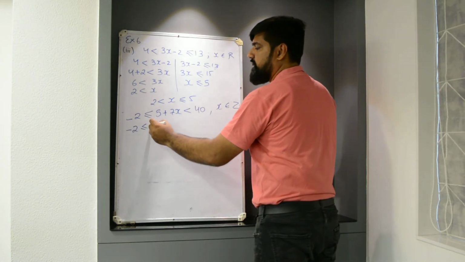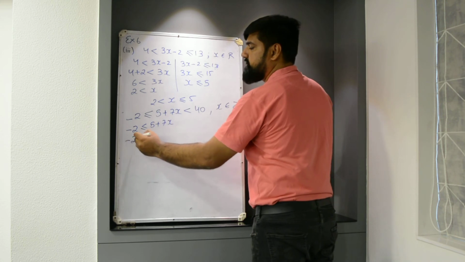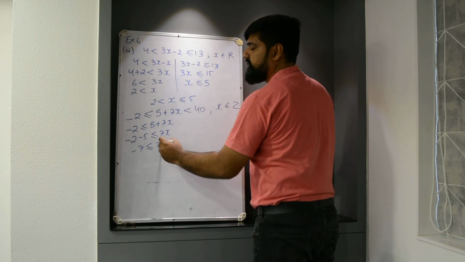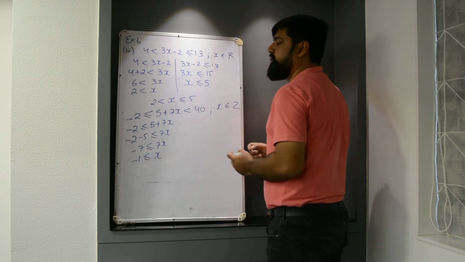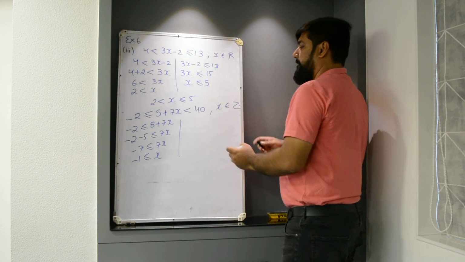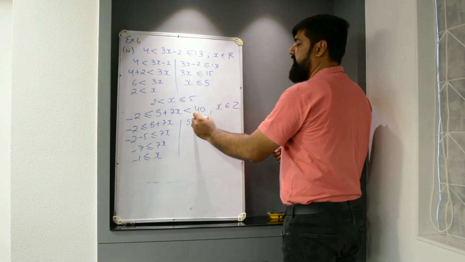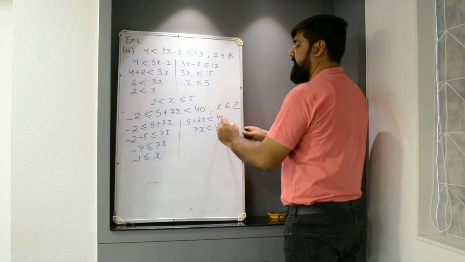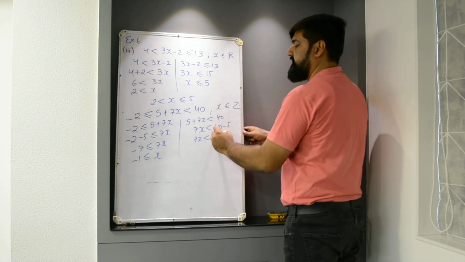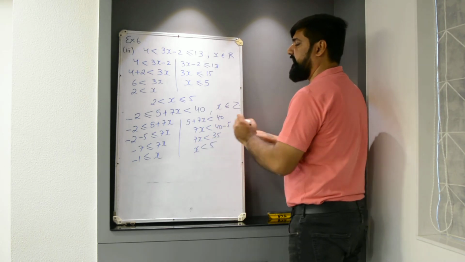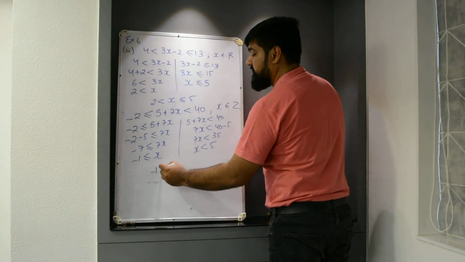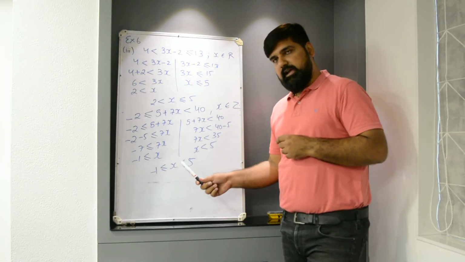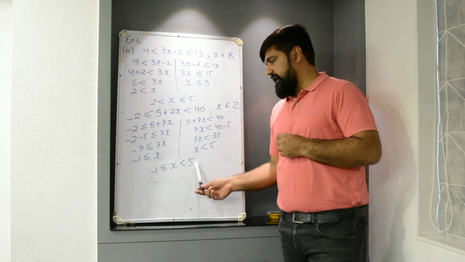Minus 2 is less than or equal to 5 plus 7x, minus 2 minus 5 is less than or equal to 7x, minus 7 is less than or equal to 7x, minus 1 is less than or equal to x. And the second we have is 5 plus 7x is less than 40, 7x is less than 40 minus 5, 7x is less than 35, x is less than 5. So here we get minus 1 is less than or equal to x is less than 5.